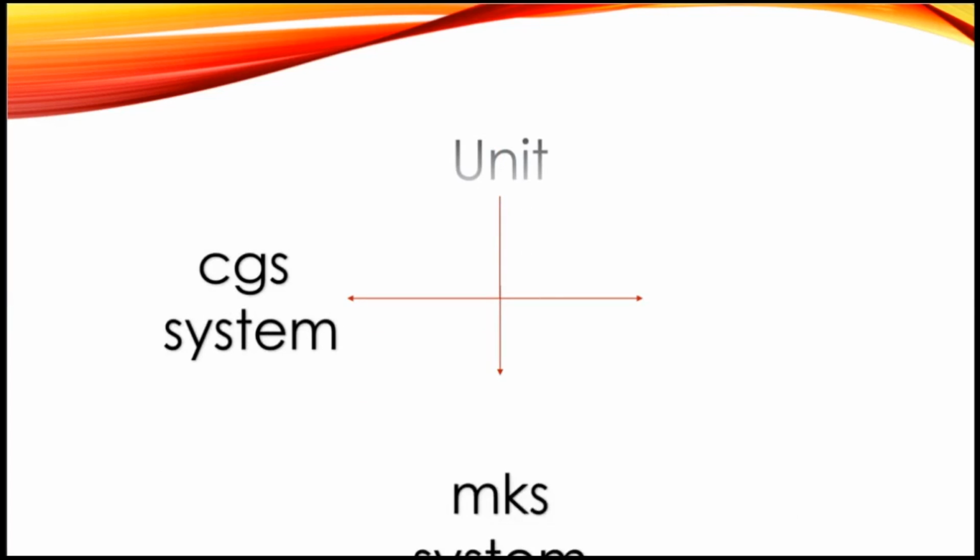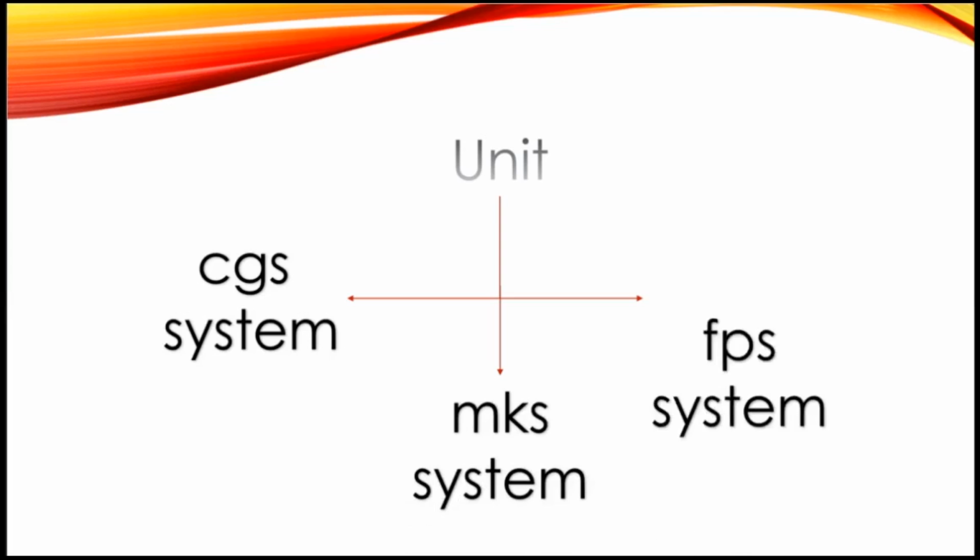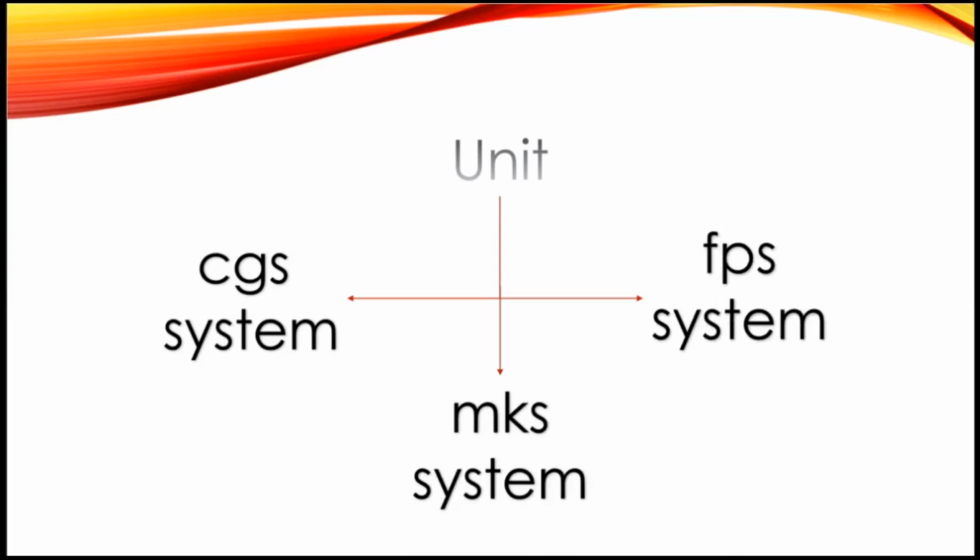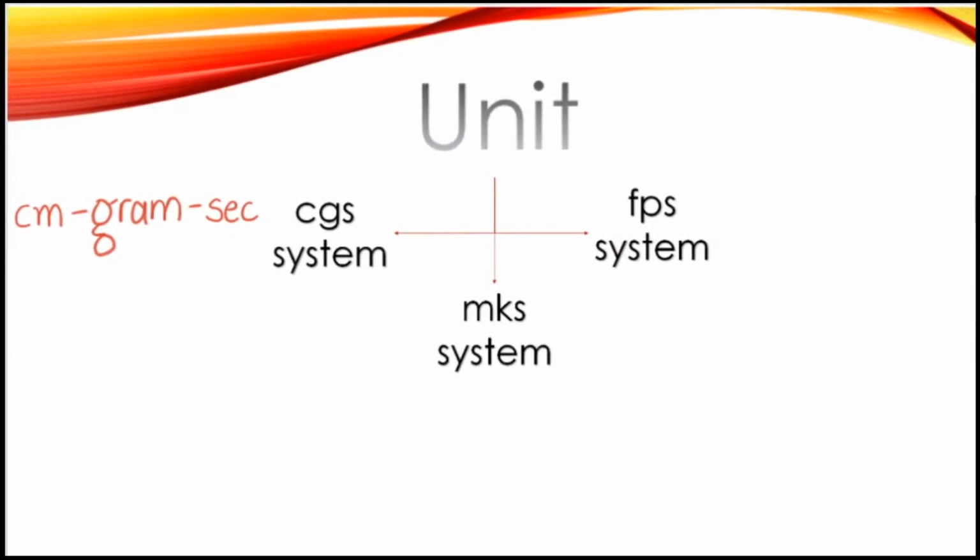Now your units can be further classified into CGS system, MKS system and FPS system. So whenever we'll use your units like centimeter, your gram and second, all such units will fall under your CGS system.